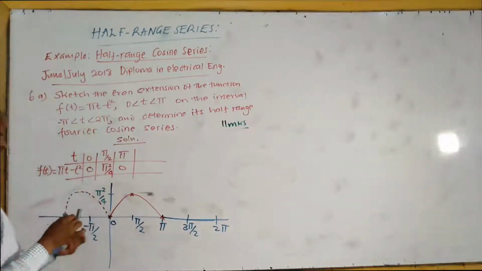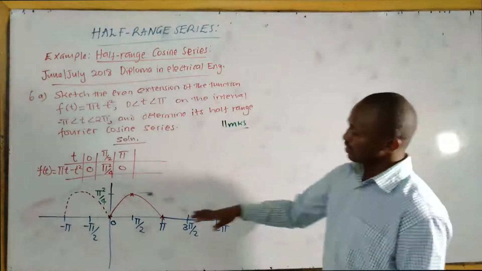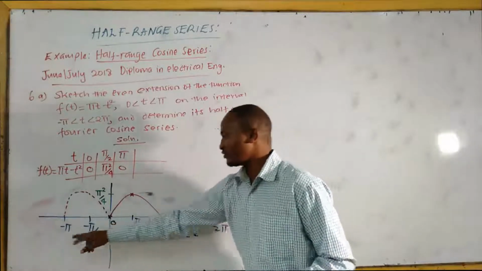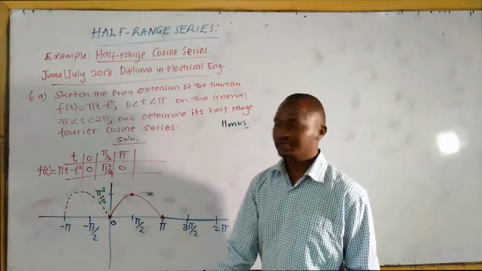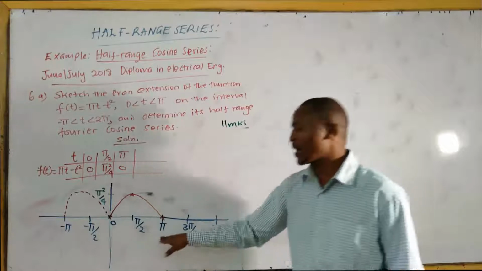This is symmetric about the y-axis now. This is the first half of the range from negative pi to 0, which we have assumed so that we can make it even. This is the next half of the range from 0 to pi.